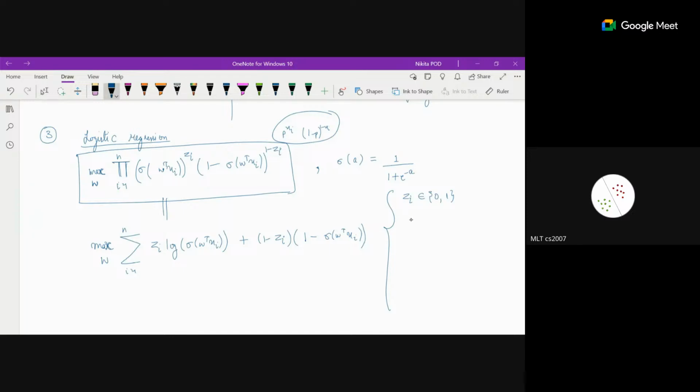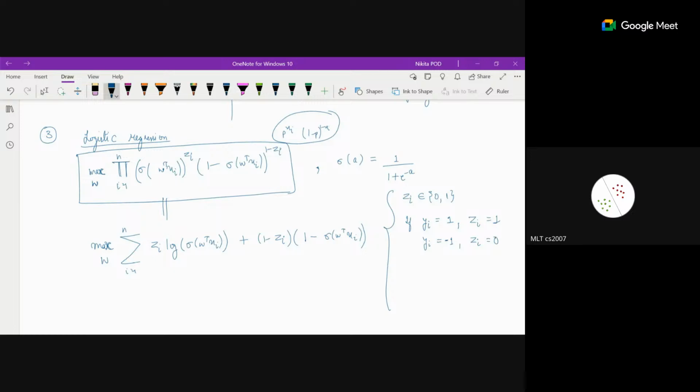What we can say is that if my yi is equal to 1, I will call my zi 1. But if my yi is -1, my zi is 0.